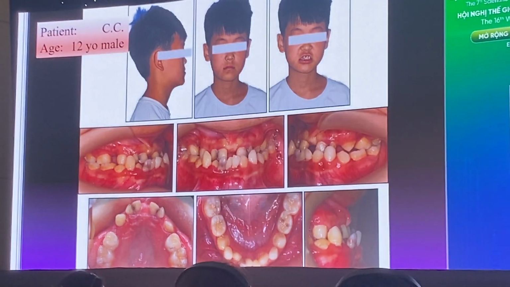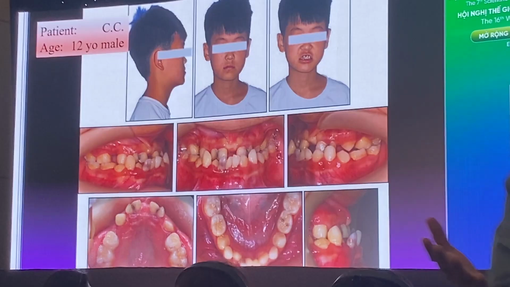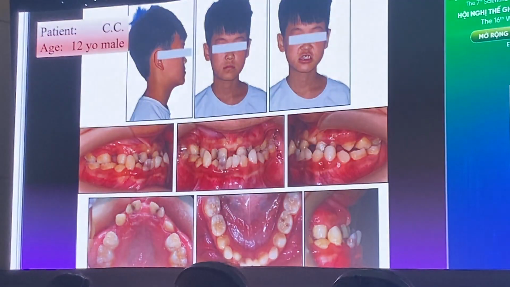So, one last question. What if your patient does not want to wear the face mask? See, you understand English, okay? What if the patient does not want to wear the face mask?